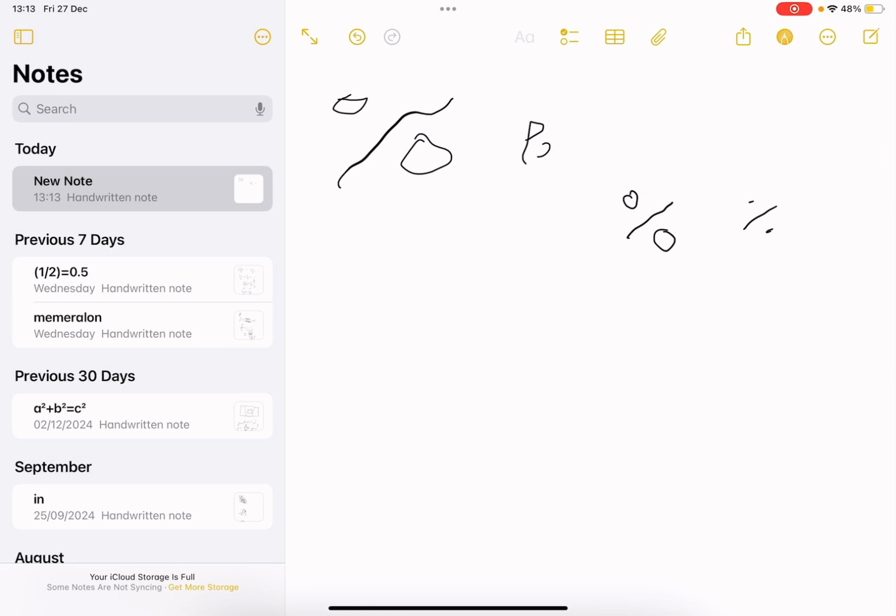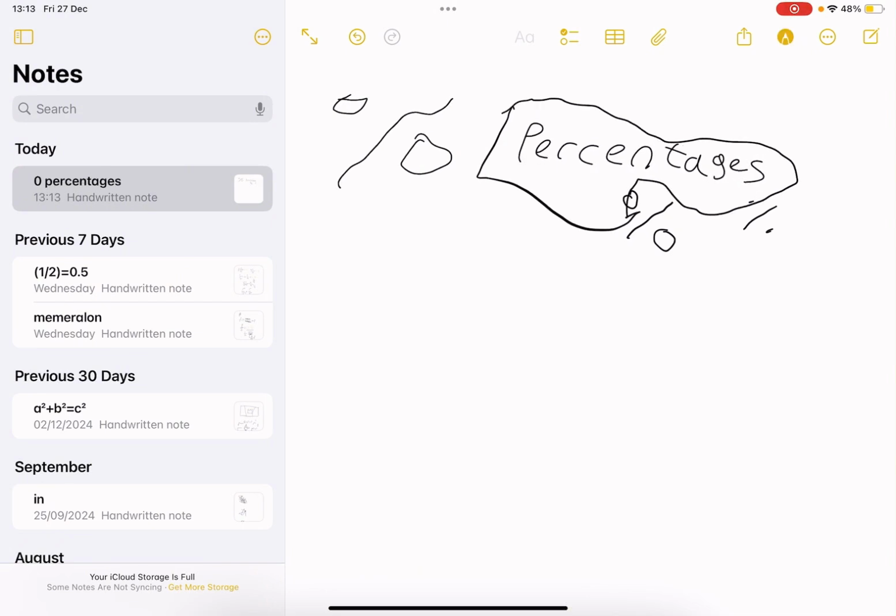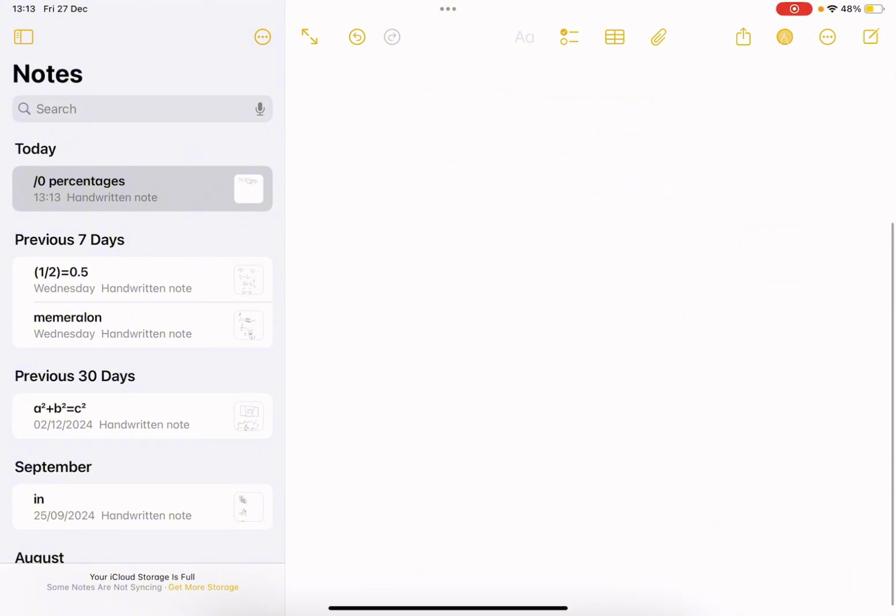This is called percentages. Tick, tick, tick. I don't know whatever you want to do. So we are going to be learning about percentages today.